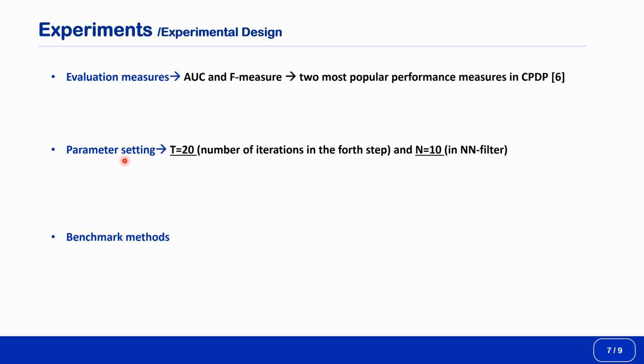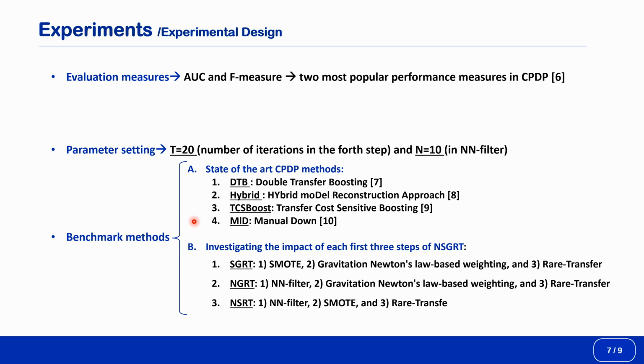For parameter settings, T in Rare Transfer and N in NN filter are set to 20 and 10 respectively, based on previous studies. Our benchmark methods are divided into two categories. The first category is state-of-the-art CPDP methods.